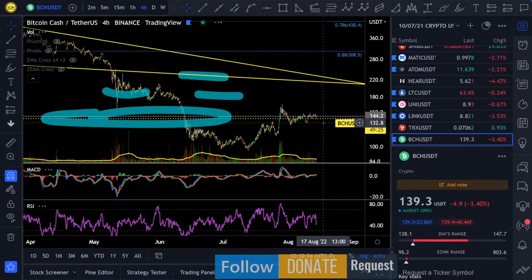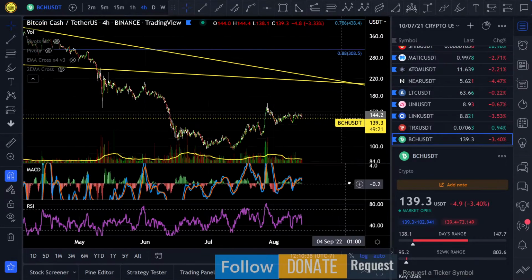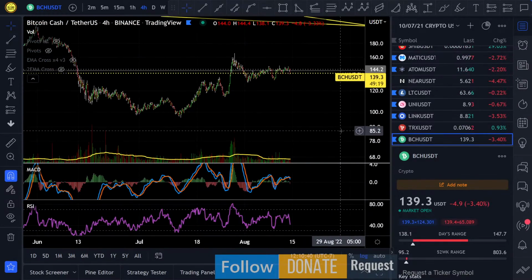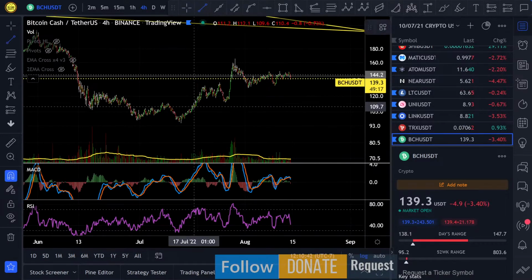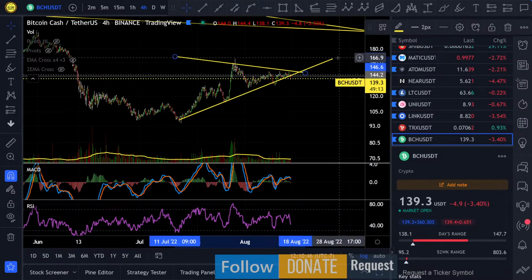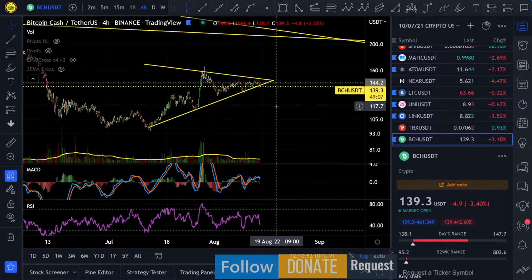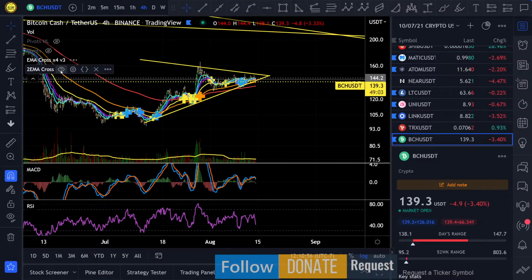A little faster. Bitcoin Cash. Tightening range, equilibrium in a symmetrical triangle to the side. Could be a 5 to 15% move incoming on Bitcoin Cash over time.